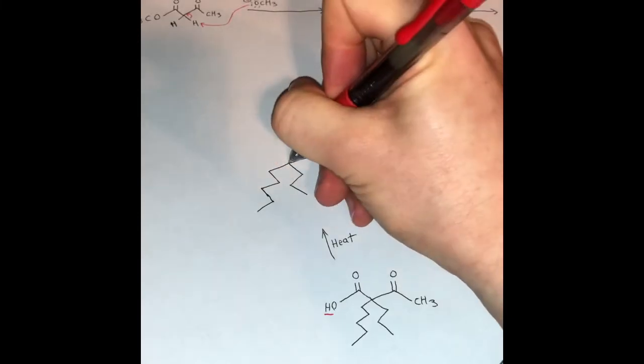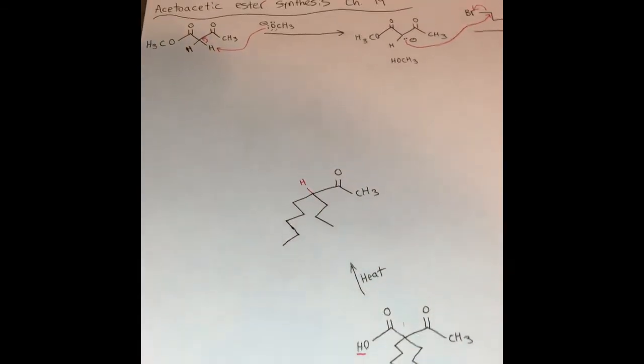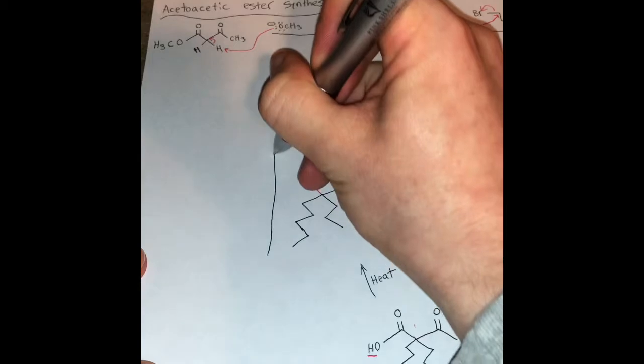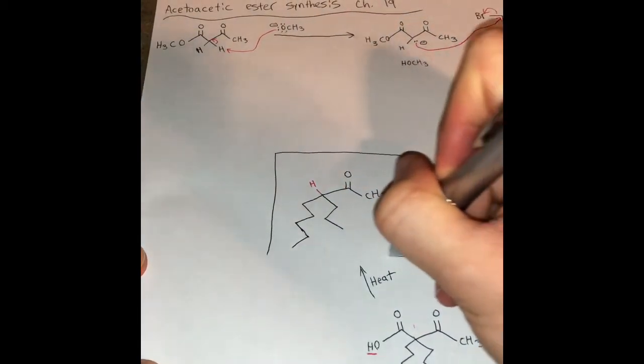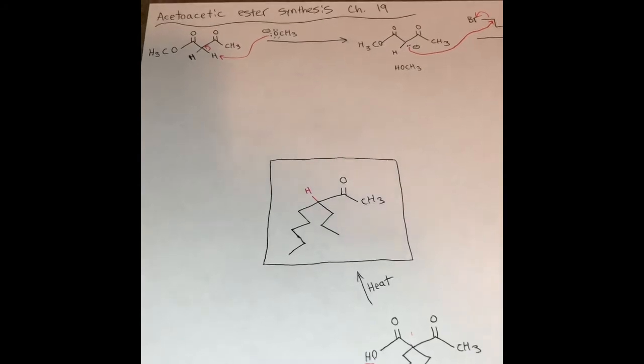So I'll draw that H in red so you can see where we took away our carboxylic acid, and now we just have an H. So this is our final product.